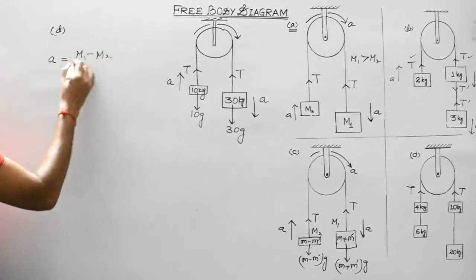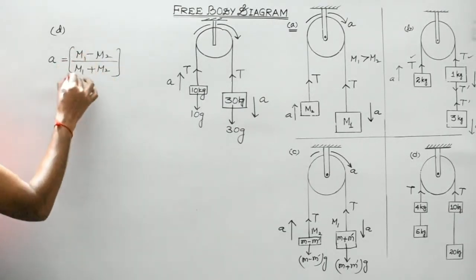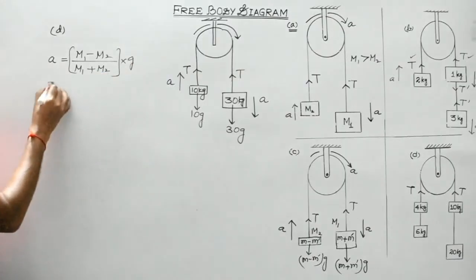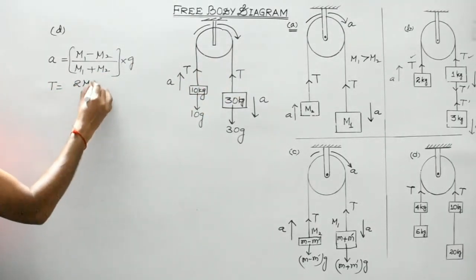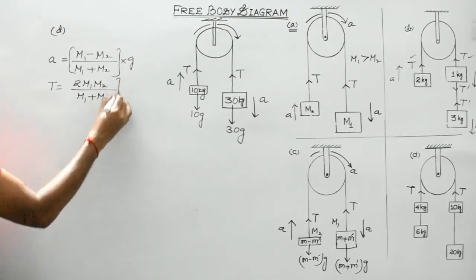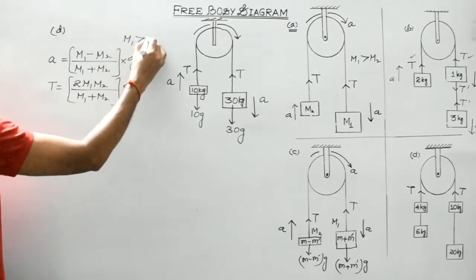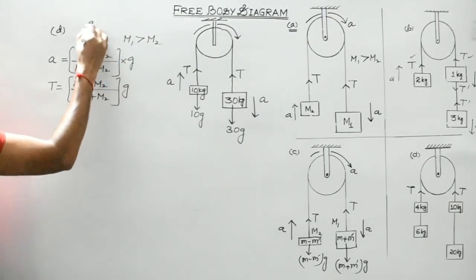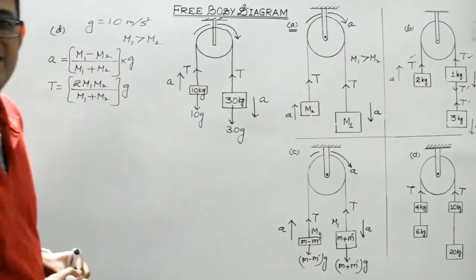So acceleration, students, this is the formula which we will be using: m1 minus m2 divided by m1 plus m2 into g. And the tension is twice m1 m2 divided by m1 plus m2 into g. Here obviously m1 is greater than m2 and we will consider g to be 10 meter per second square. Right?